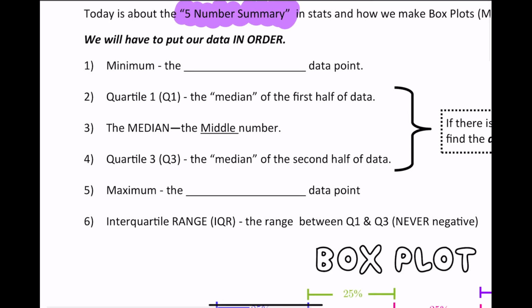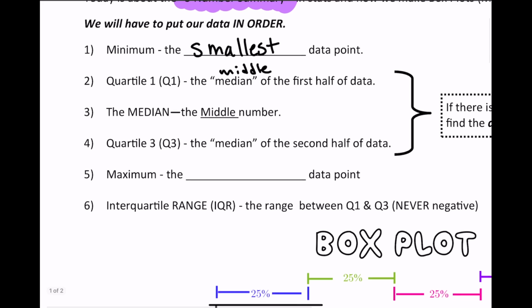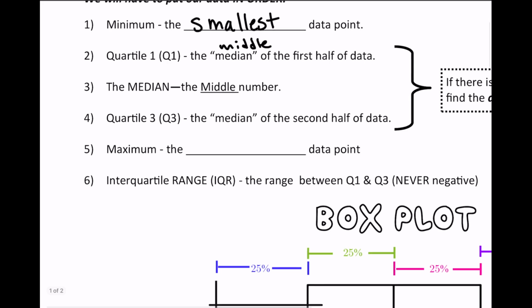The minimum, we've talked about the minimum before, but with data, it's the smallest number. Quartile 1 is the median of the first half, or the middle of the first half. The median is the straight up middle number. Quartile 3 is the middle of the second half of data.